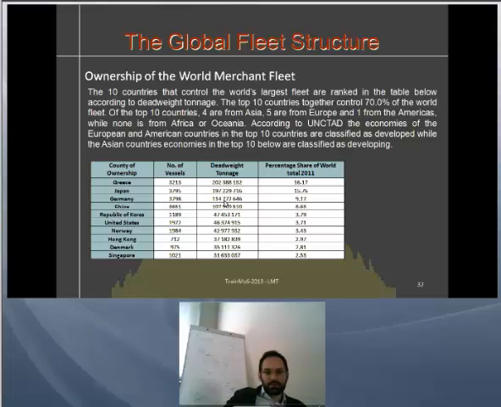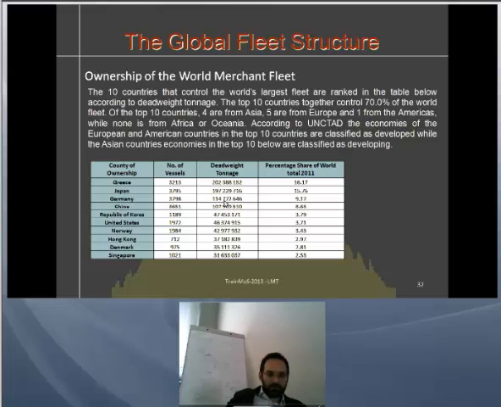However, the high deadweight tonnage of Greek ownership comes mainly from oil tankers and VLCC tankers, for example. In terms of deadweight, this accounts for 16% of the total world deadweight.